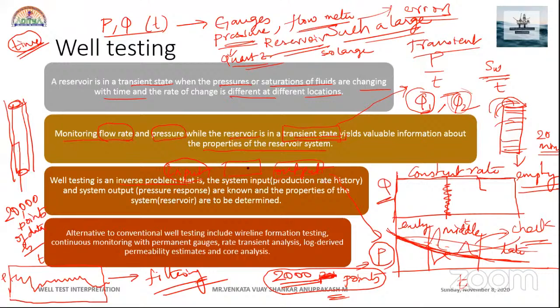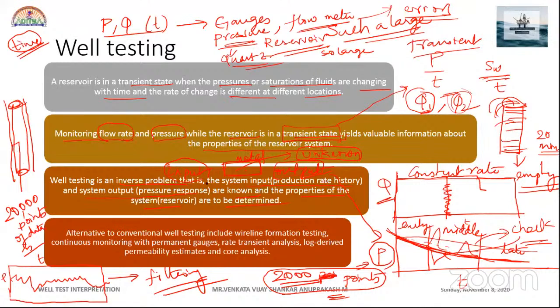We don't know the model, but we know the input and we know the output. That is the case of an inverse problem. So well testing is an inverse problem, that is, the system input and the system output are known and the properties of the system are to be determined. The system through which it is passing is unknown. That is why it is called an inverse problem.